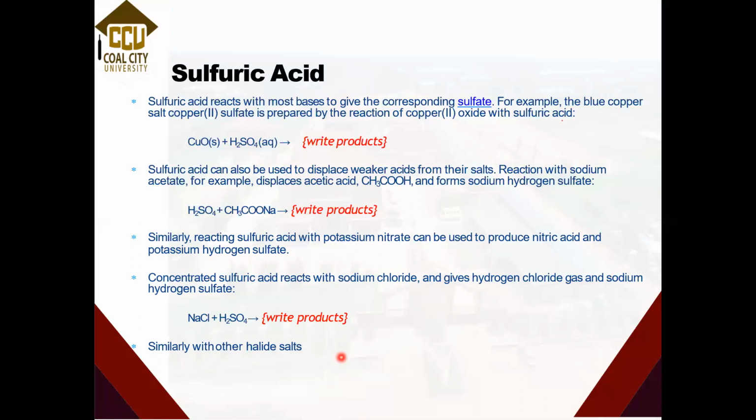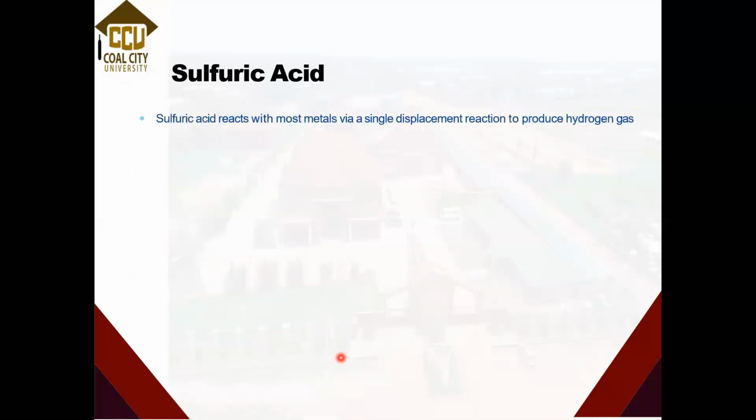So it means we can also have sulfuric acid reacting with other salts of the halogens. Finally, sulfuric acid reacts with most metals via a single displacement reaction to produce hydrogen gas and the metal sulfate. Dilute H2SO4 attacks iron, aluminum, zinc, manganese, magnesium, and nickel.